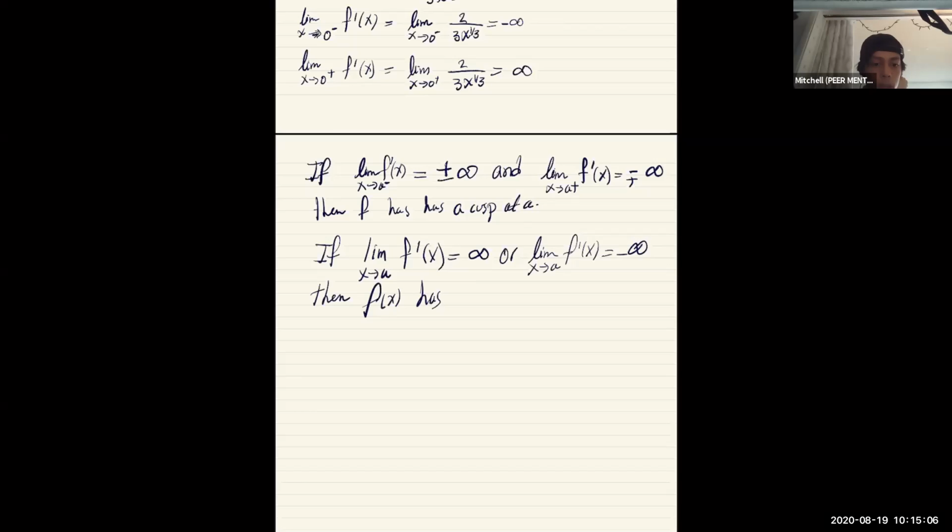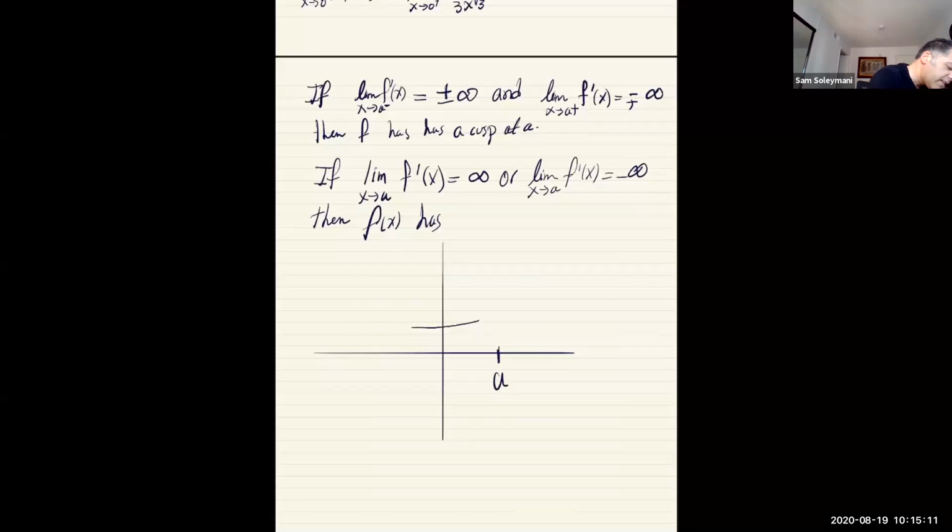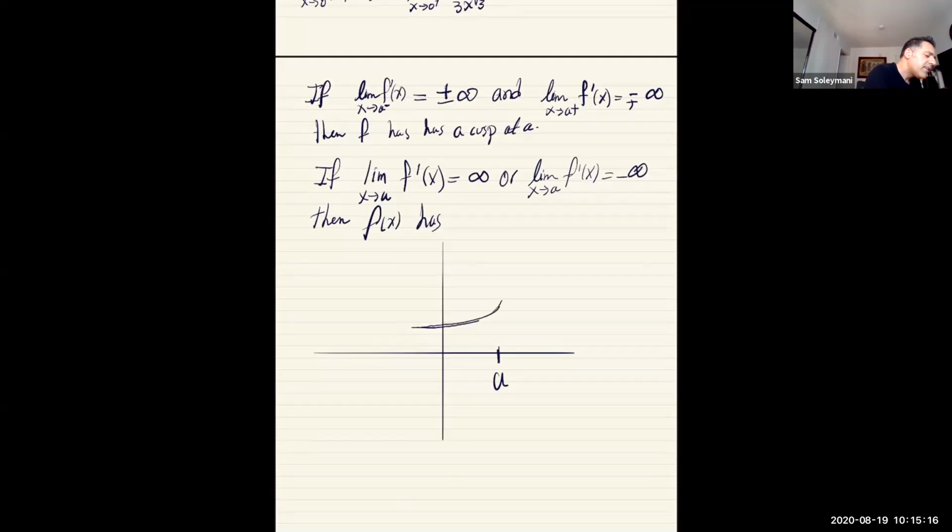Okay, like that. So from the left of a, I drew this in a way that the tangent lines go to infinity, right? You have a vertical tangency. From the right of a, those tangent lines also are infinite.